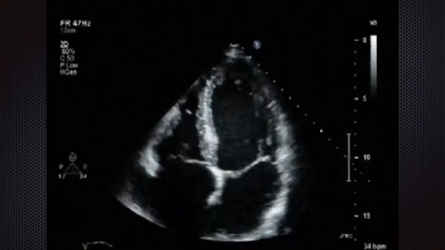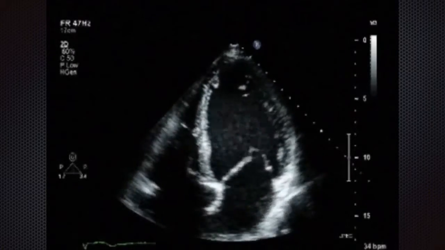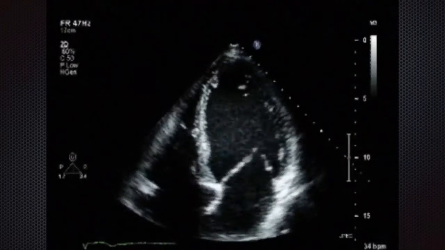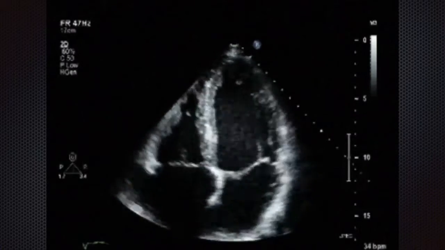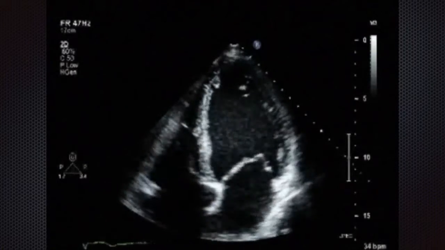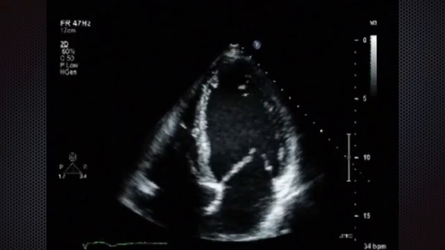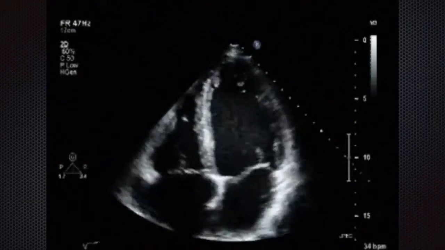So the same principles apply with regards to the width. It's much wider on the left ventricle than it is on the right side, and so it should be the 2/3 rule. So remember, the right side shouldn't be more than 2/3 the width of the left side.